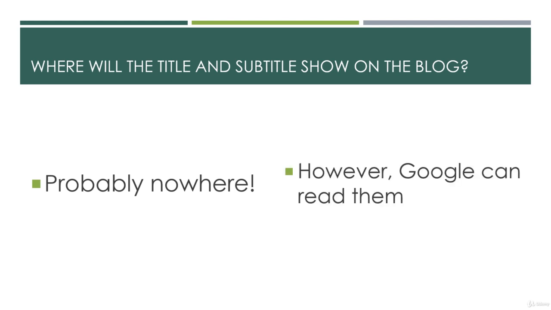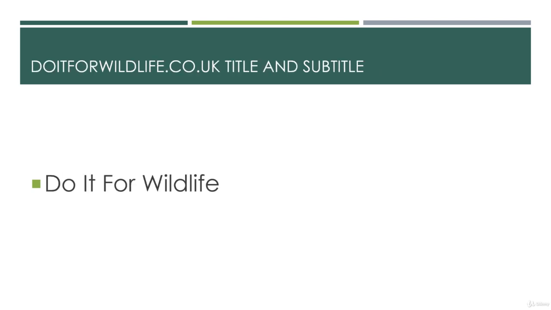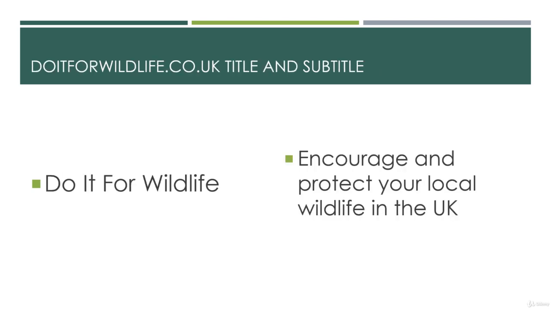However, Google and the other search engines can read the title and the subtitle, so it's important that we do have a proper title and subtitle for the search engines. So for my title, it's just going to be Do It for Wildlife, and the subtitle, Encourage and Protect Your Local Wildlife. I probably won't have "in the UK", it's not necessary because it's a .co.uk domain anyway.